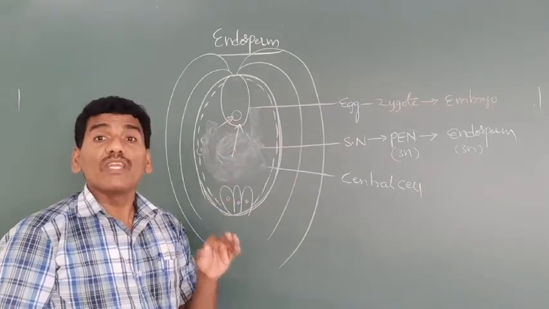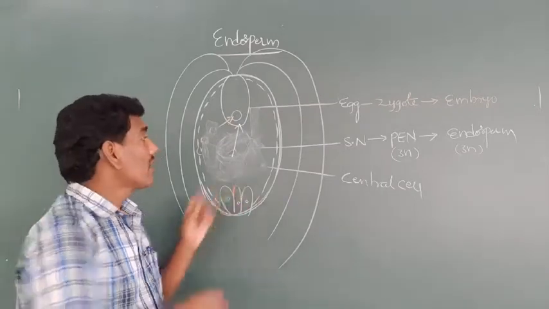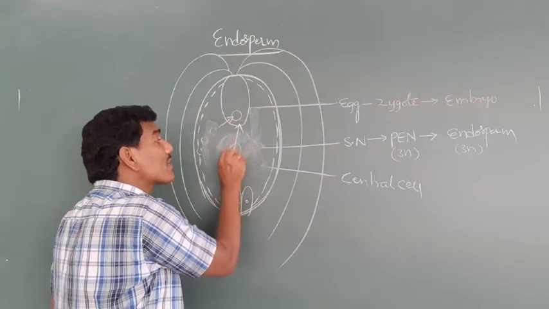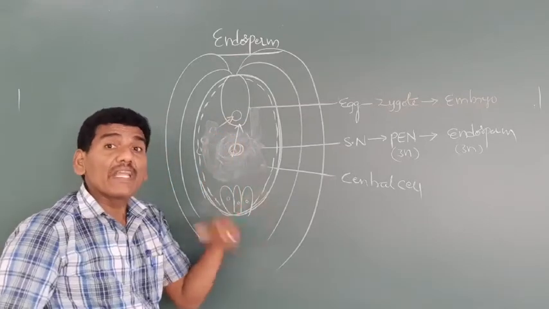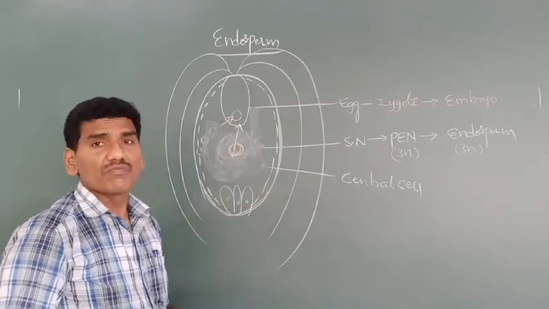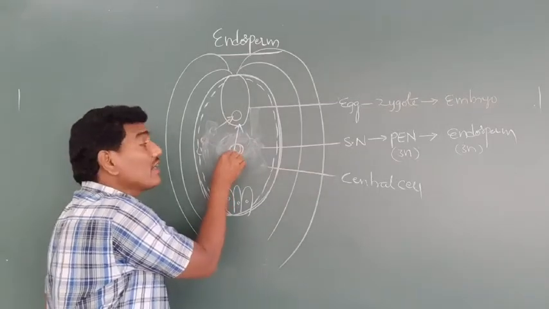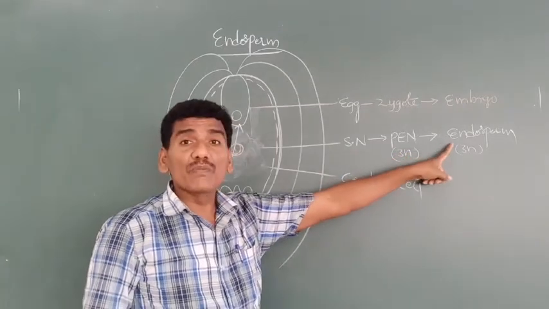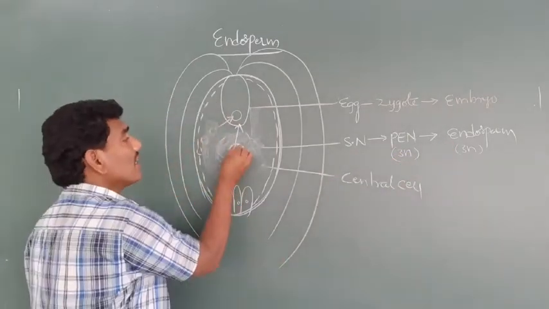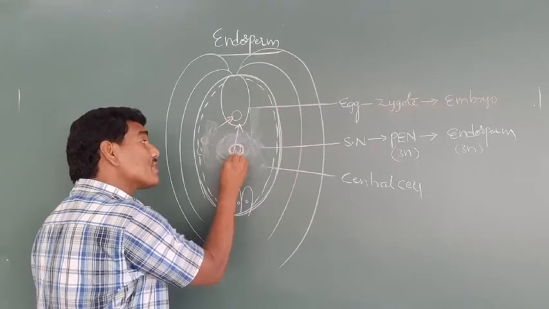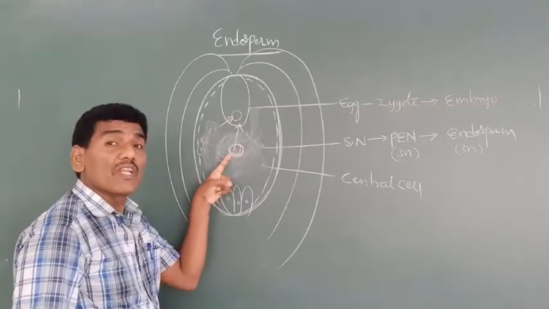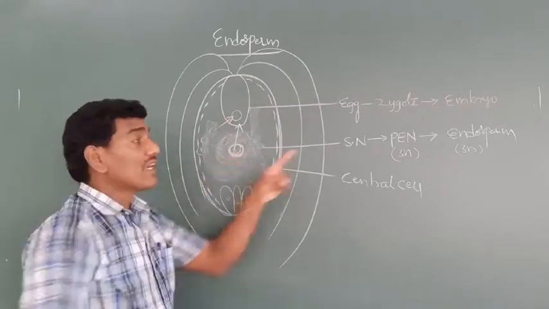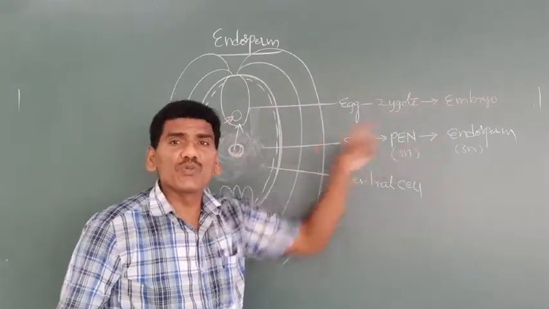The primary endosperm nucleus, or primary endosperm cell, divides repeatedly to form triploid endosperm tissue. How is the triploid endosperm tissue developed? Initially, the primary endosperm nucleus divides repeatedly to form triploid endosperm tissue.